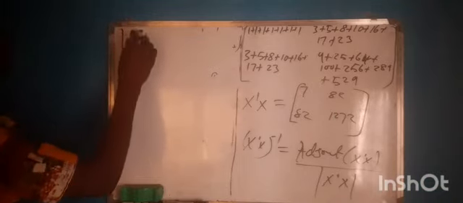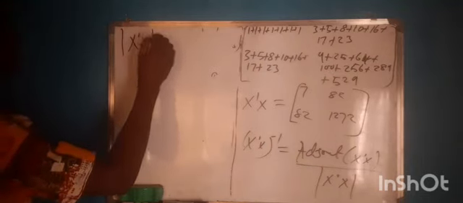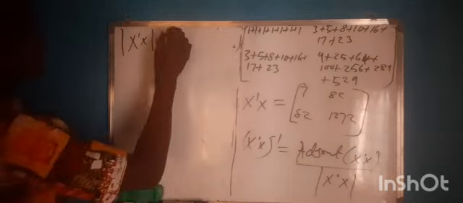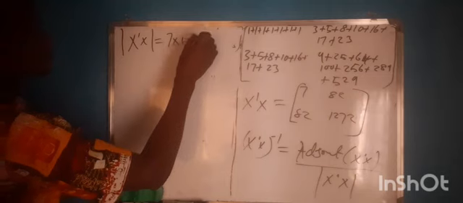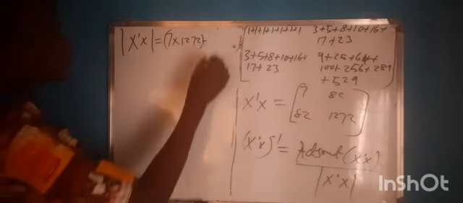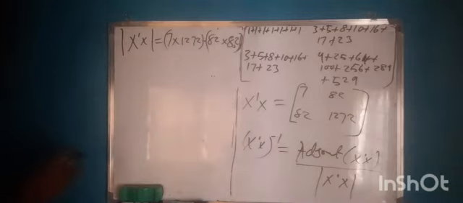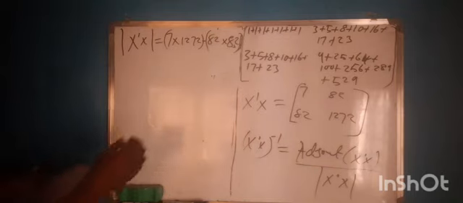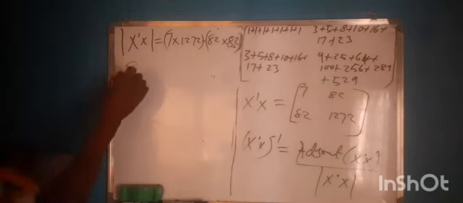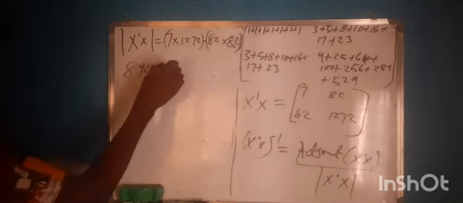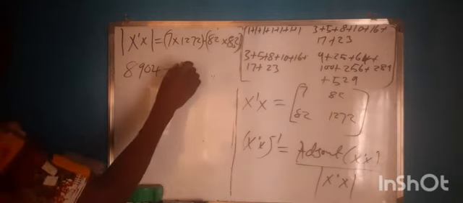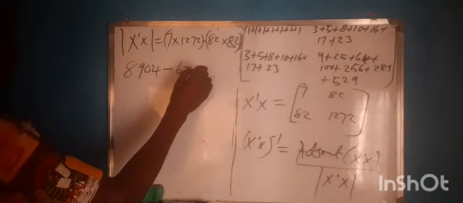So the determinant of X transpose X is equal to 7 times 1272 minus 82 times 82, which will give us 7 times 1272, which is 8904, minus 6724.